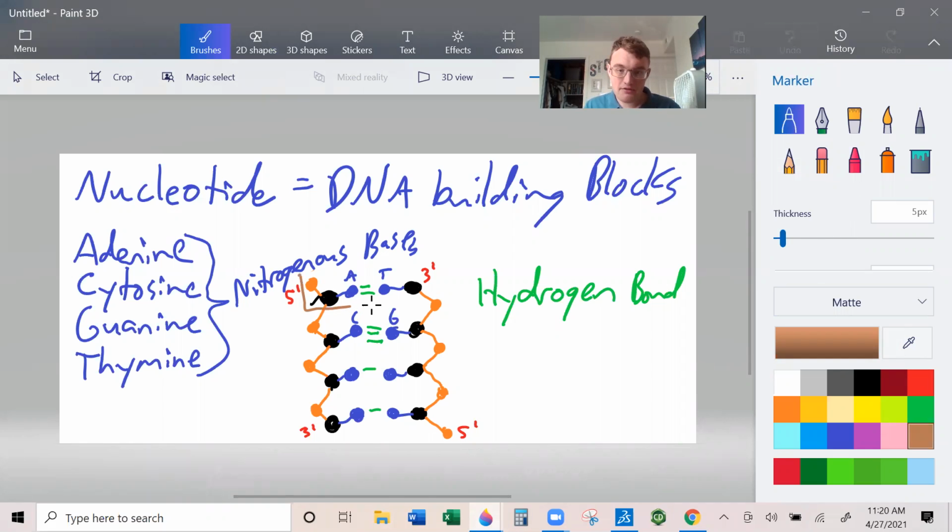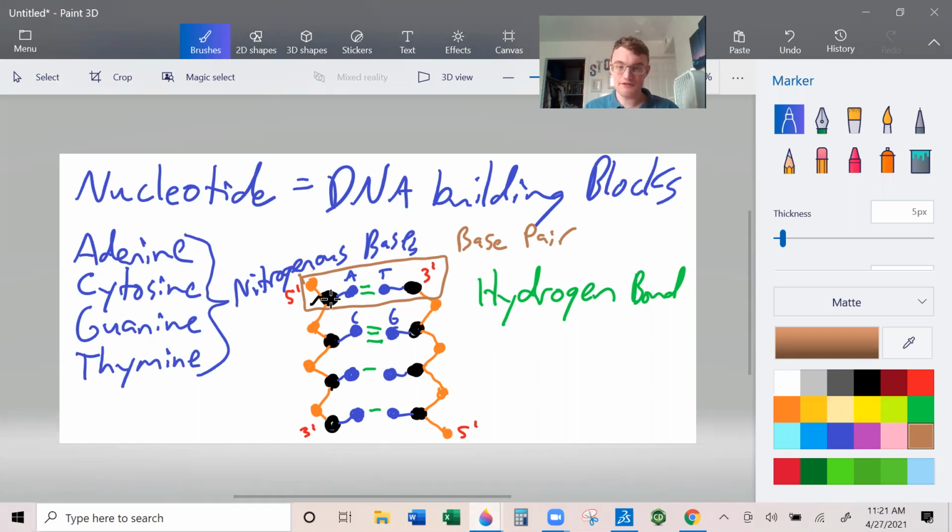This right here, a pair of nucleotides across the middle, that is called a base pair. So a pair of nucleotides that are paired up across the middle, one on each strand, is called a base pair. And we measure the length of DNA molecules in base pairs, kind of like you would measure something in centimeters. We use base pair as a unit of measurement.